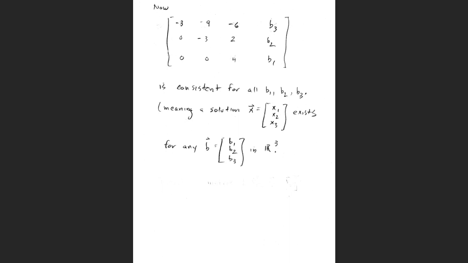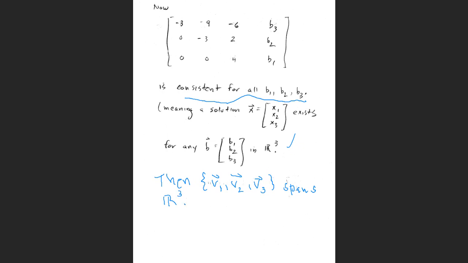Okay, so because our system's consistent for all b1, b2, b3, this means then that the vectors v1, v2, and v3, that set of vectors, spans R cubed.